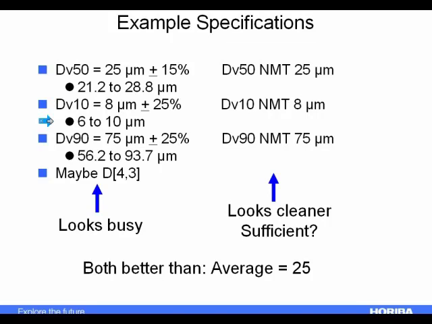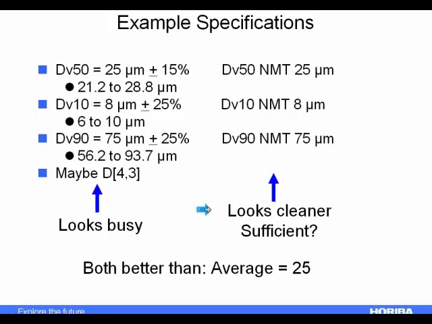The D10 could be 8 plus or minus 25%, and the D90 75 with a range of plus or minus 25% here. So I look at, and maybe the D43 if we want to be very sensitive to the presence of large particles. So I look at the specification, and then as I looked at it the other day, I said, well, that looks like a pretty busy specification.